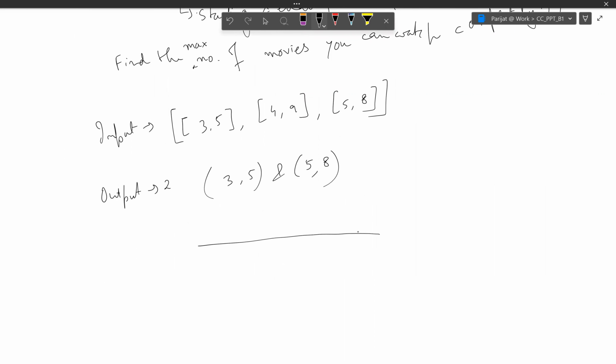If I have a movie like this, and then I have movies like this, the actual answer will be 3. But your output will be 1 because you have sorted on the basis of the start times. So you will watch this movie, and when the movie ends, there is no other movie which has an end time greater than the start time. So your output will be 1, but the actual output has to be 3.